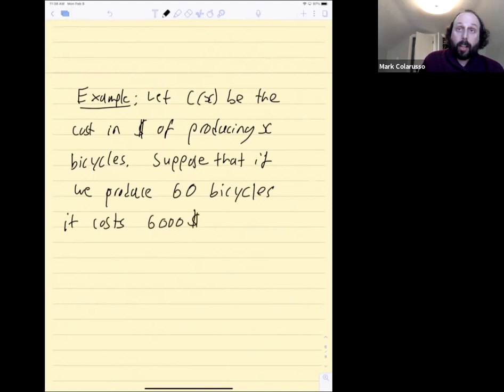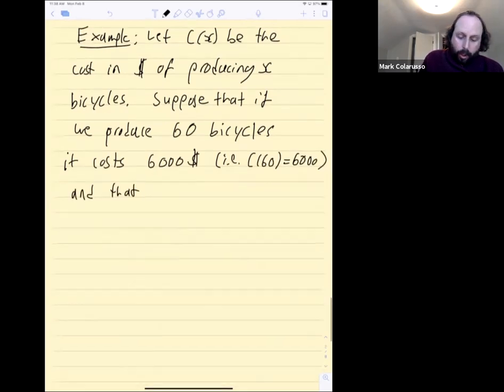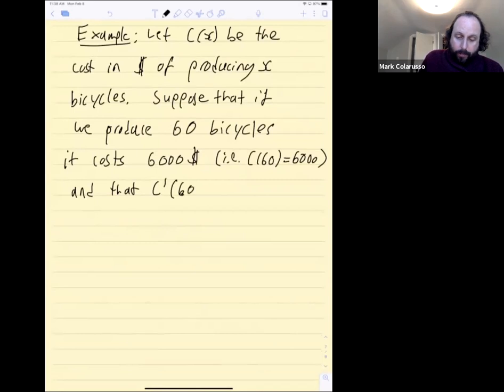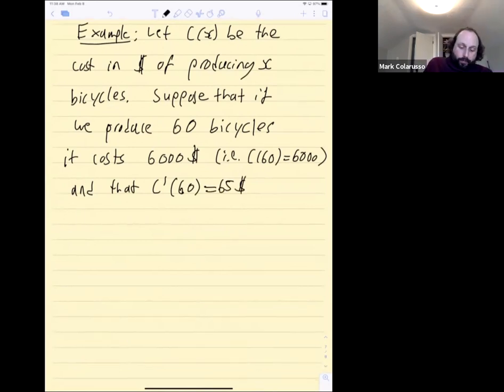That's the same thing as saying the cost function at 60 is 6,000. And that the marginal cost when we produce 60 bicycles is $65. And so now what we want to do is estimate the cost of producing one more bicycle.